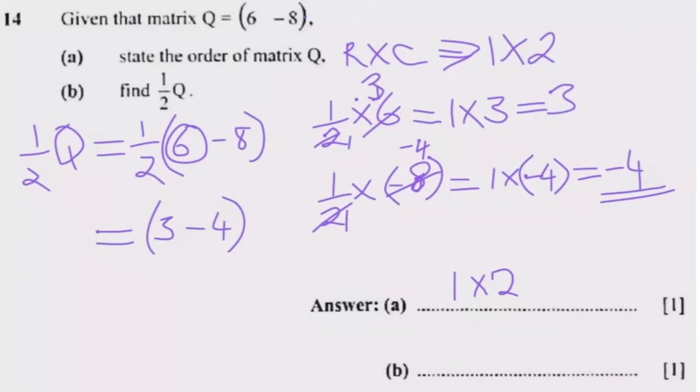Like this, we have found the correct answer for question 14B. On the space that is provided on B, I'm going to make sure that I copy my answer correctly. Like I have written 3 here, other people may see it as 5, so I'll make sure my 3 is better. Then I also write negative 4.